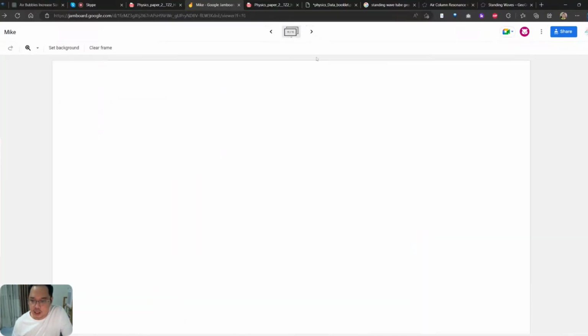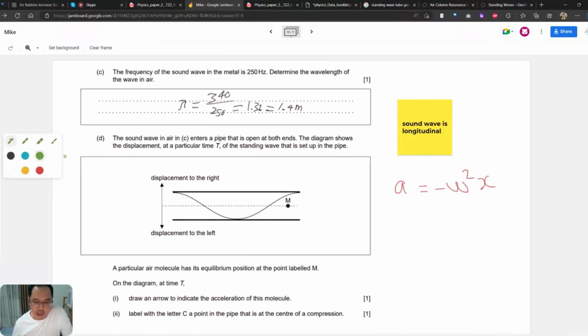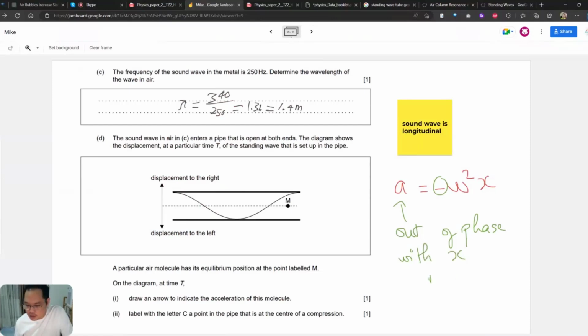The negative sign means that the acceleration is out of phase with the displacement x, meaning if x is to the left, the acceleration will be opposite, to the right. Displacement of the point M here is positive displacement, meaning the particle is displaced to the right. And therefore the acceleration must be opposite, meaning to the left.